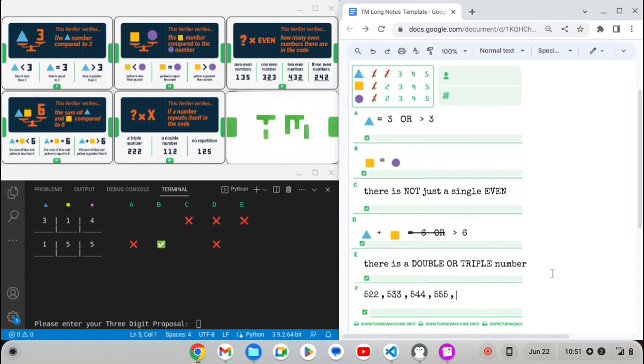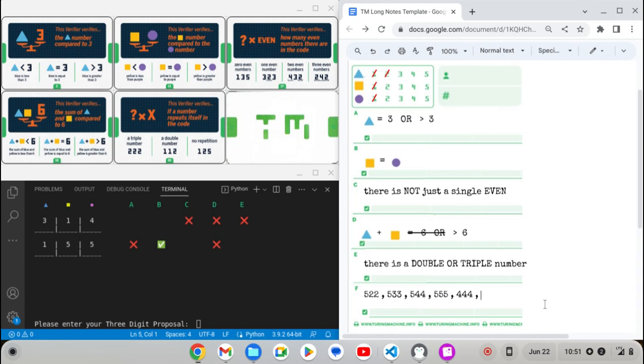Okay, so let's go to 4. It cannot be 455 because that's a single 4. It could be a triple 444. It can't be 433, because that's a single even, and it can't be 422, because that's a sum of 6. So that's it for 4s.